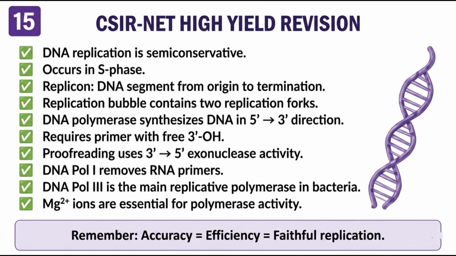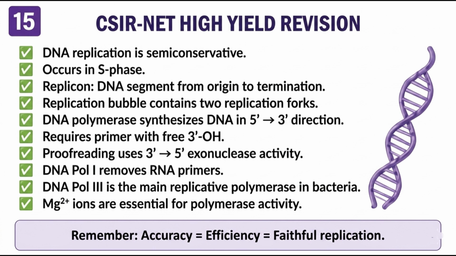Finally, let us revise the most important points. DNA replication is semi-conservative. Replication always proceeds in the 5' to 3' direction. DNA polymerase requires template, primer, dNTPs, and Mg2+ ions. Replication bubbles contain two replication forks.